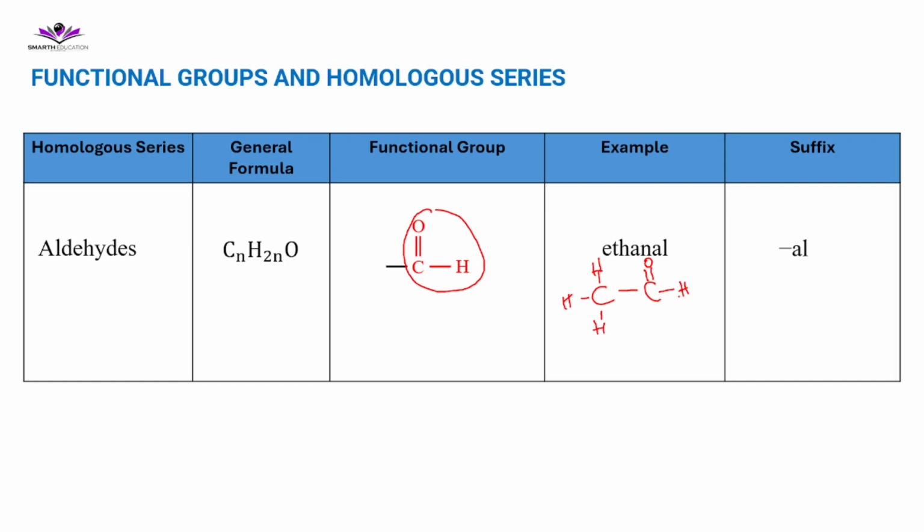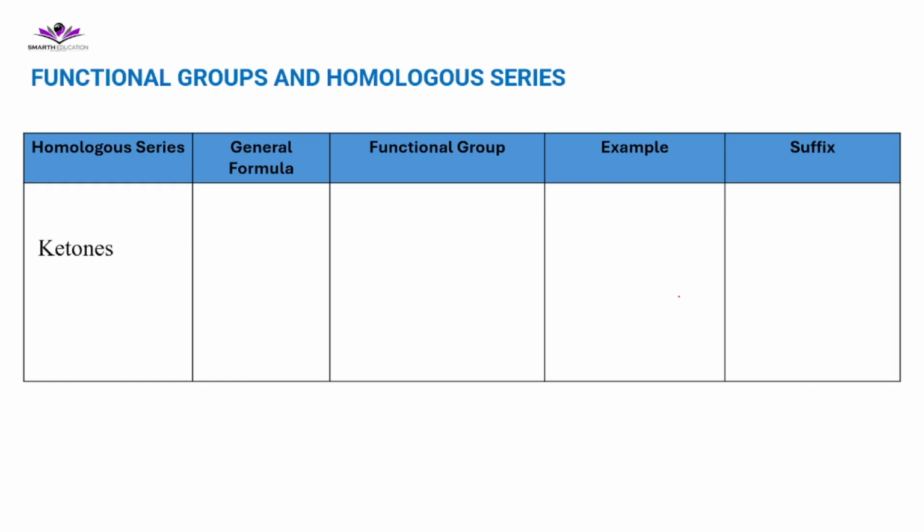And then another carbonyl containing compound are the ketones. We say the general formula is the same as that of the aldehydes, but now the functional group is different. You see this carbon and oxygen bond is in between the carbons now. The aldehyde one, remember, was at the end of the molecule, it was like this.